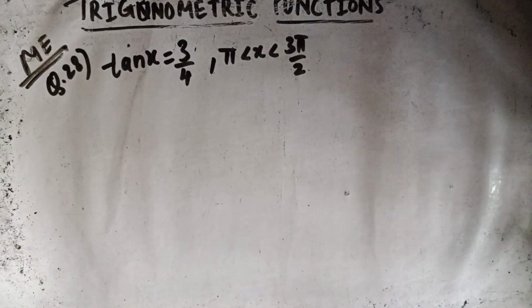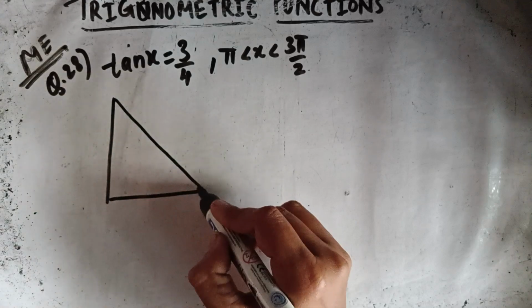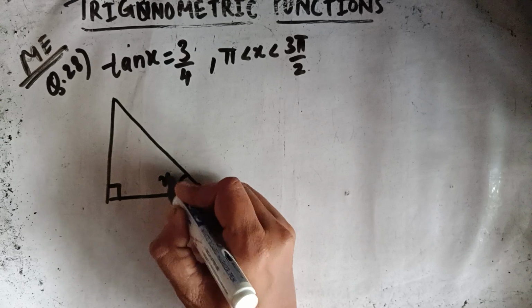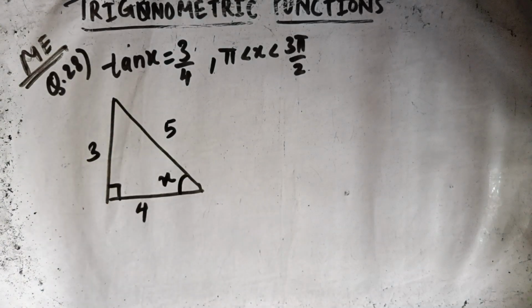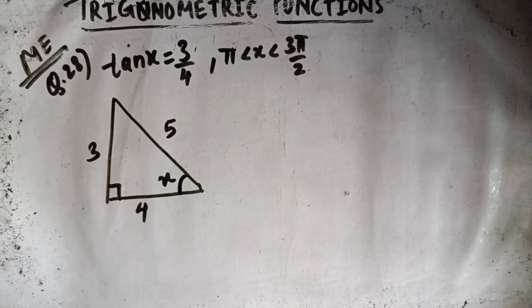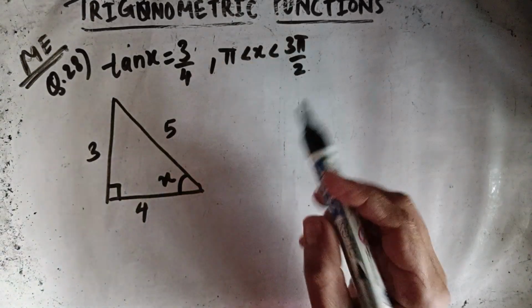Okay. So tan x is 3 by 4. Using the triangle method, you can find cos and sin, right? 3, 4, and this is 5. Now you have to find in which quadrant this falls. Now, x lies between pi and 3 pi by 2.